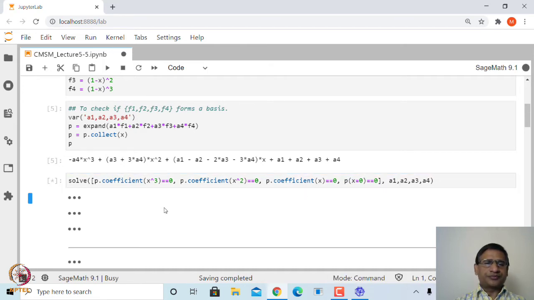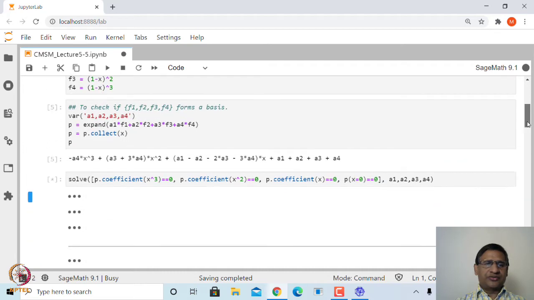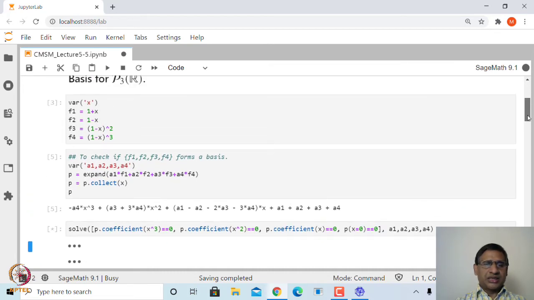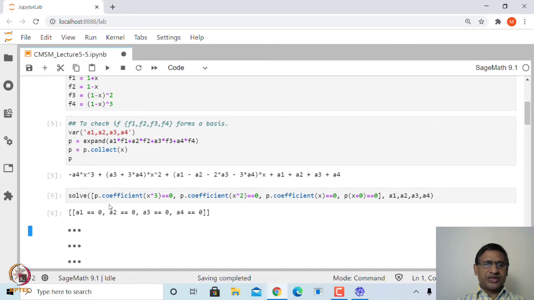You should get 0, 0, 0, 0 as the solution, right. So, that is how you can check whether a set of polynomials in P3R is linearly independent or not. It took a little while, and we get that this is linearly independent, and hence this forms a basis.